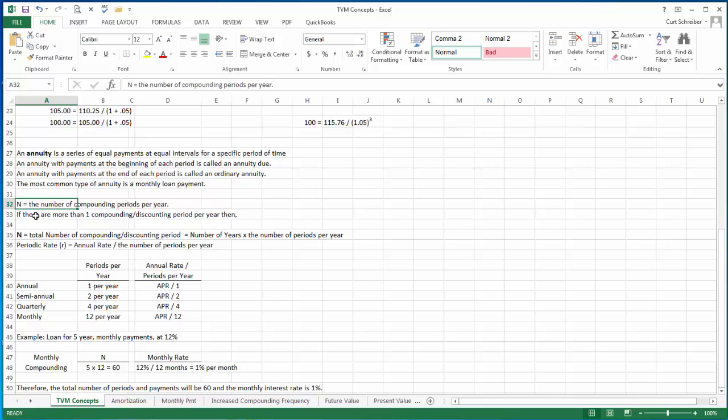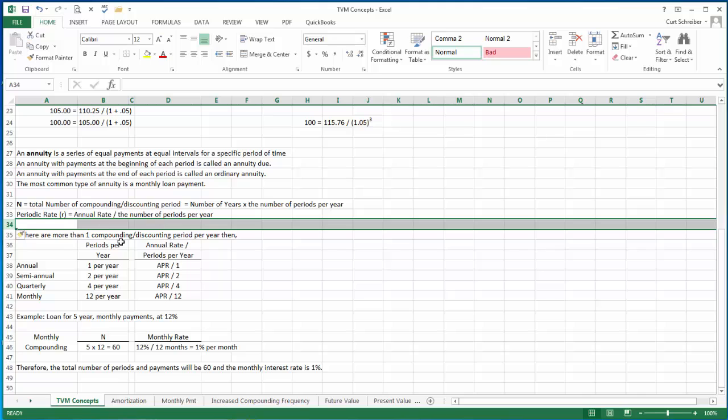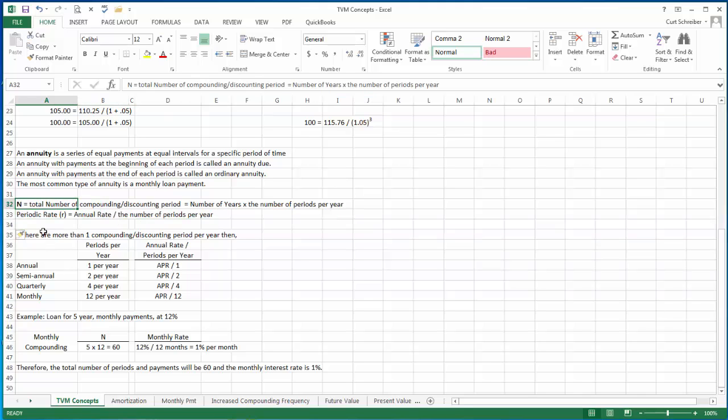If there is more than one compounding or discounting period per year, then N is equal to the number of years that a loan covers multiplied by the number of periods per year. Here I made a quick correction.